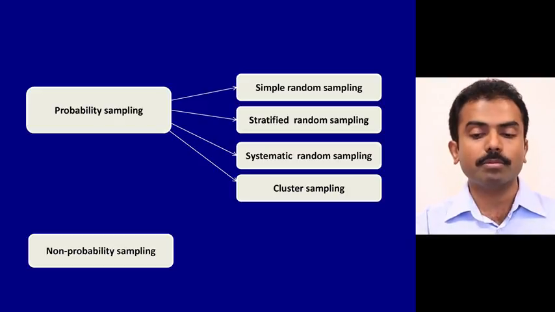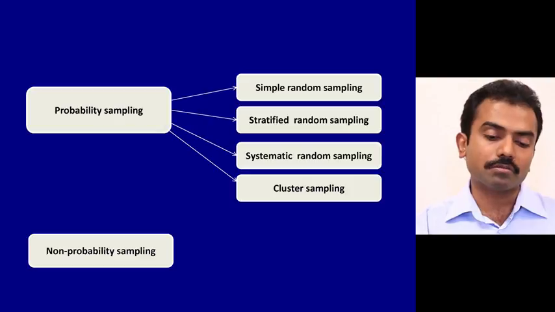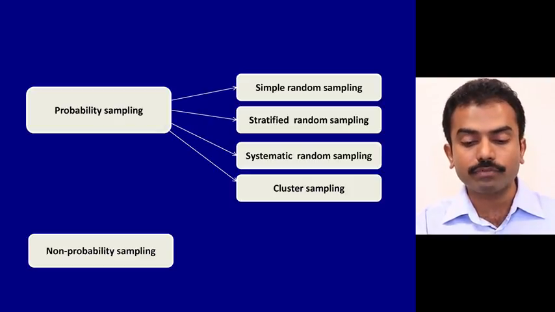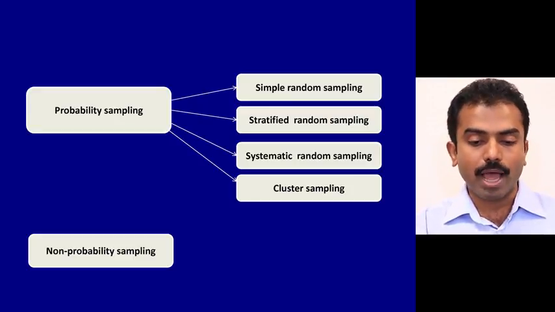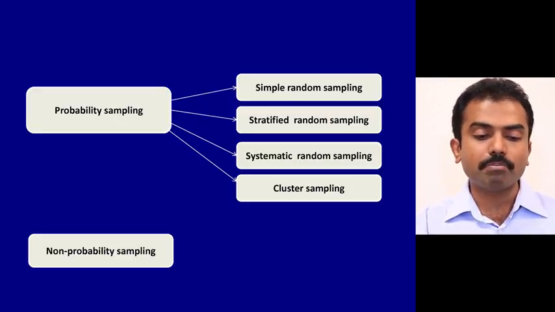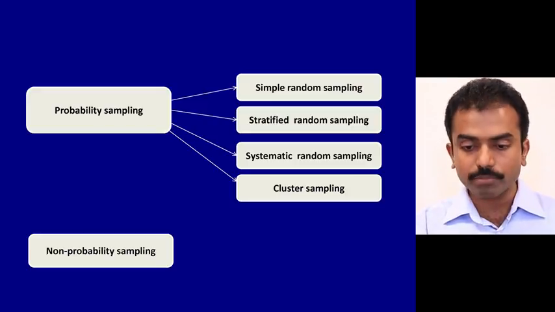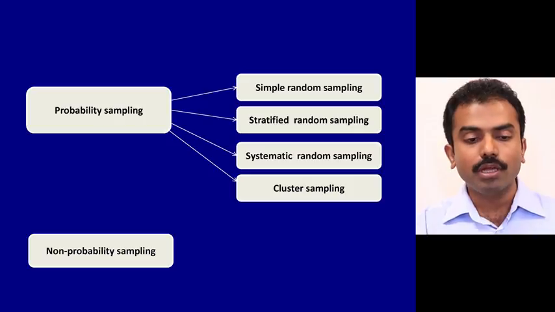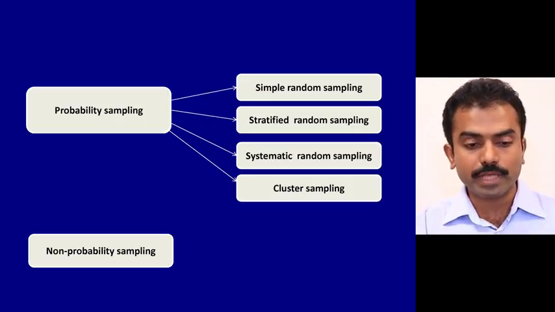Whereas non-probability sampling is when members are selected from the population in some non-random, convenient or purposive manner. Non-probability sampling is not something that we do often or encourage, so we will not discuss too many things about it in this presentation.